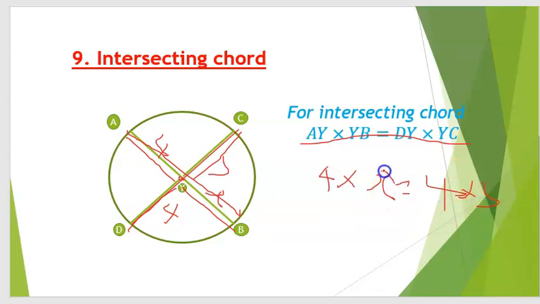And therefore, it will be easier for you to find the value of X if required. So for intersecting chords internally, remember this: AY multiplied by YB should be equal to DY multiplied by YC.